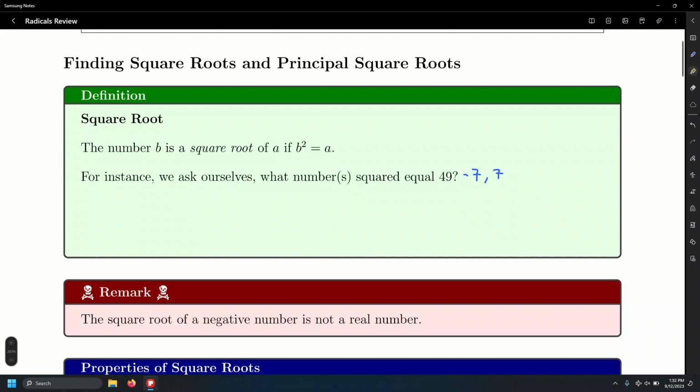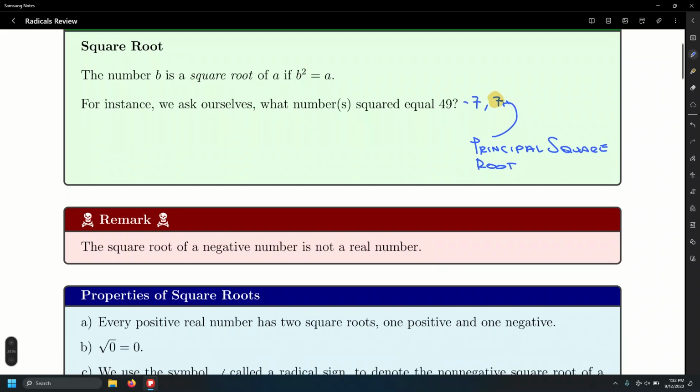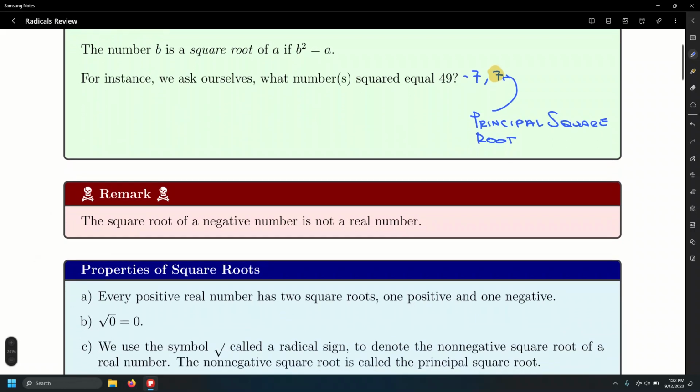And actually, the principal square root is the positive one, right? That's the principal. We usually don't look at the negative. You will always take the positive one into consideration. A very important remark here: the square root of a negative number is not a real number.